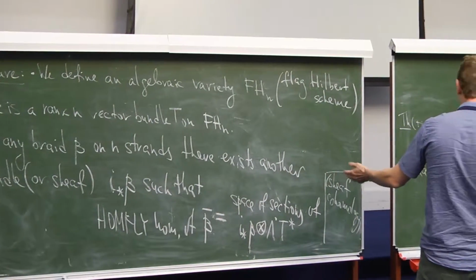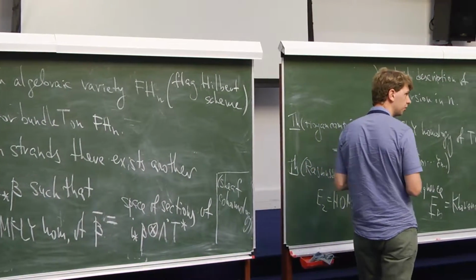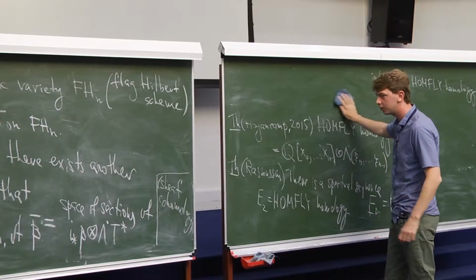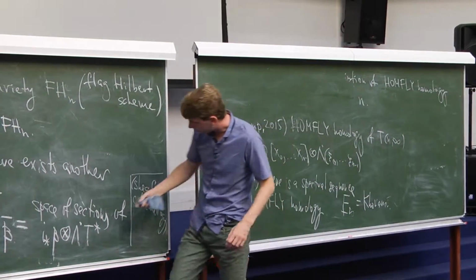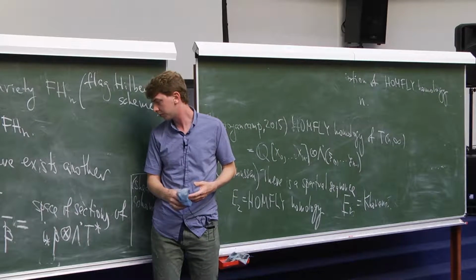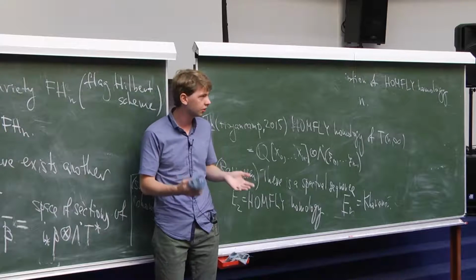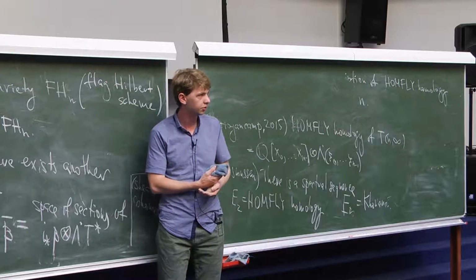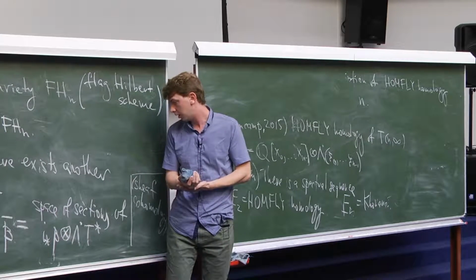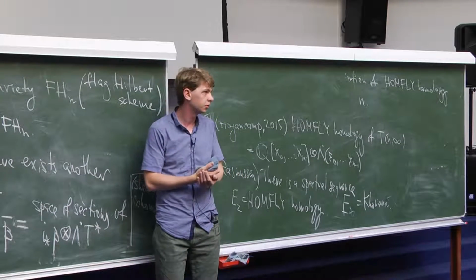I can write I lower star of beta very explicitly in many cases. I'll show you an example in a second. In many cases, the advantage is that I can compute I lower star of beta, and I will describe it. In some sense we have a general method, but this is not so direct. In many cases we have a direct description of I lower star of beta, and then we can use algebraic geometry to compute the space of sections.